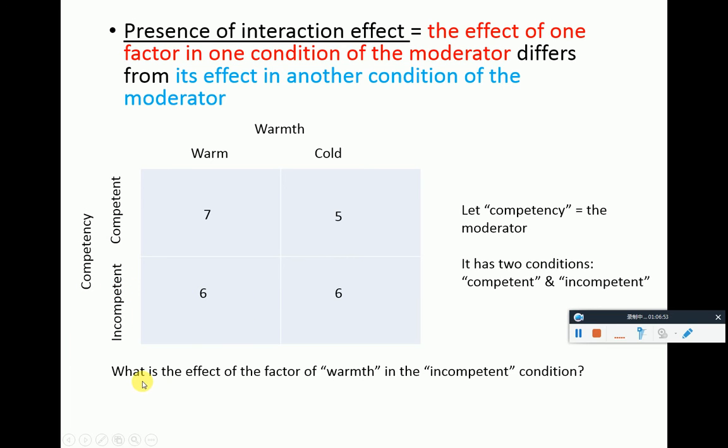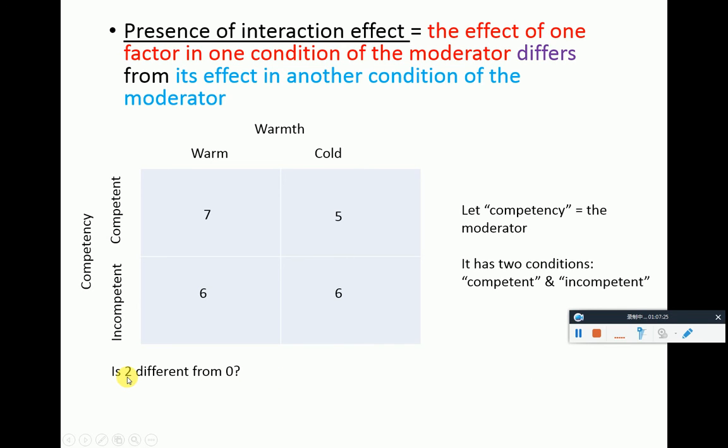So the question becomes, what is the effect of the factor warmth, or the difference between warm and cold, in the incompetent condition? You would say, aha, we should find that out by subtracting 6 from 6, because that will be the effect of warm versus cold in the incompetent condition. Turns out the effect here is 0, because 6 minus 6 is 0.